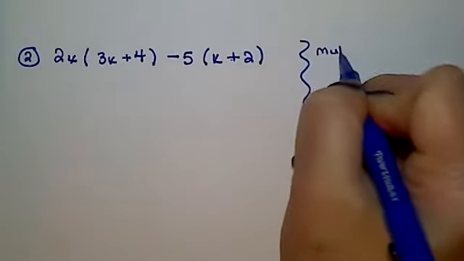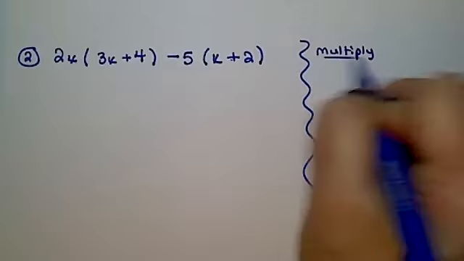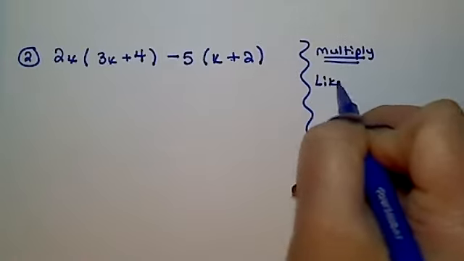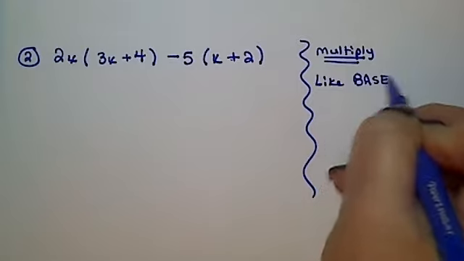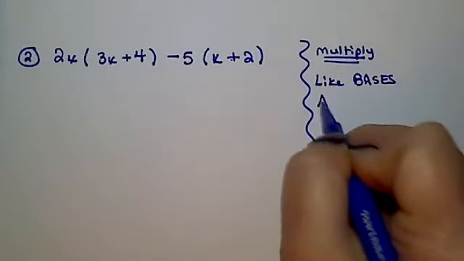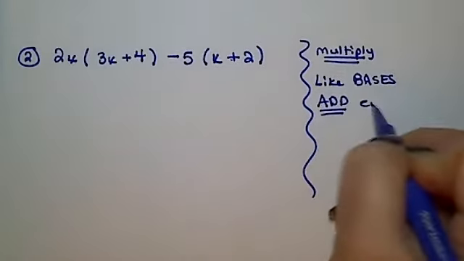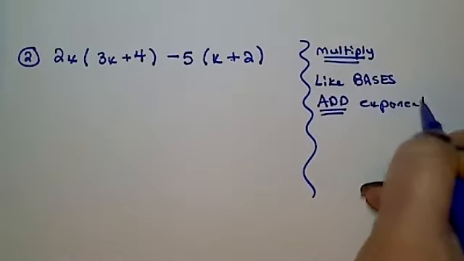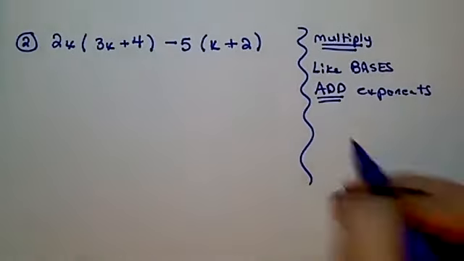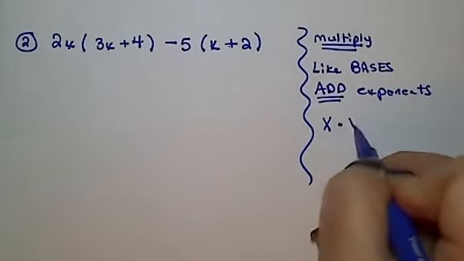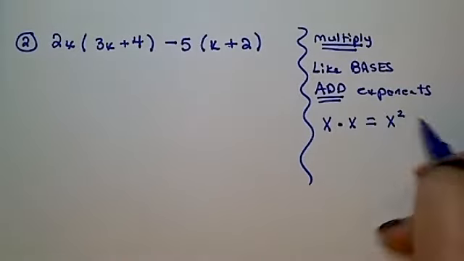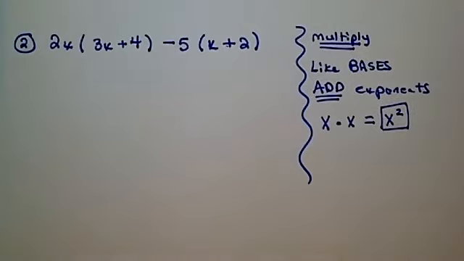When you multiply like bases, add exponents. So what that means is an x times an x is an x to the second, because you're going to add those.